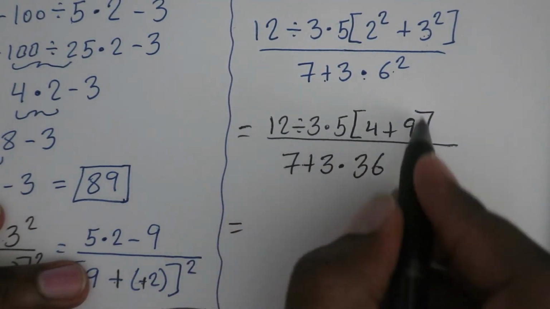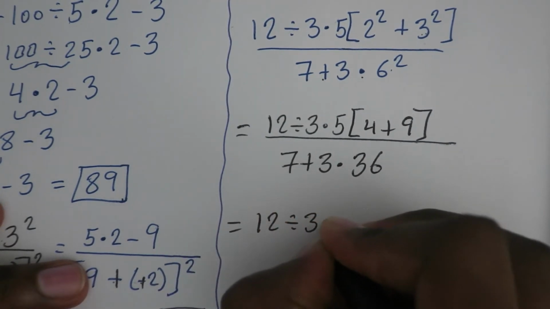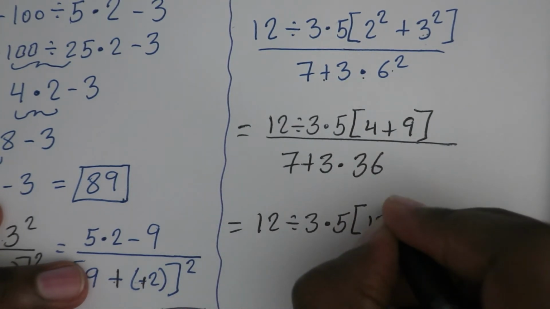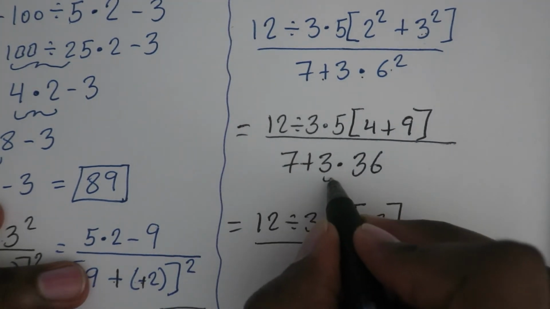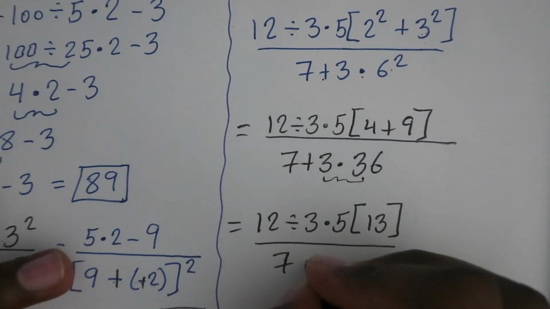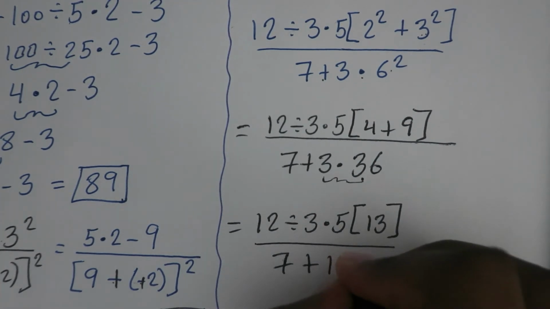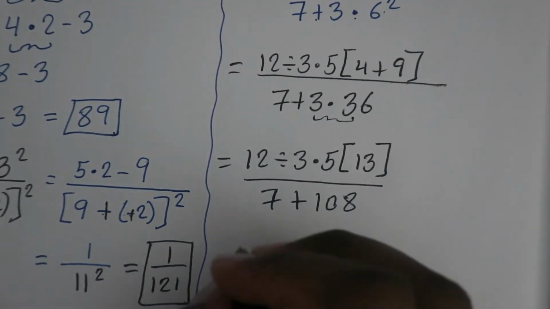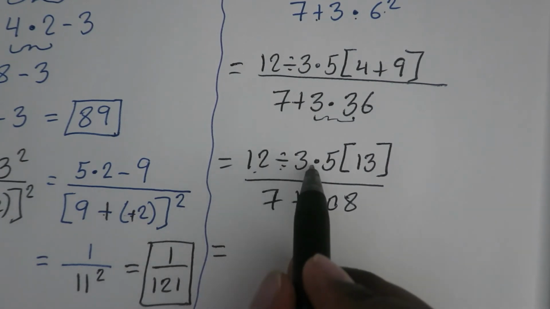which equals, again I do the bracket first, so 12 divided by 3 times 5 and bracket 4 plus 9 is 13, and divided by, multiply first, so 7 plus 108, I believe, which equals, now the top I have division, multiplication.